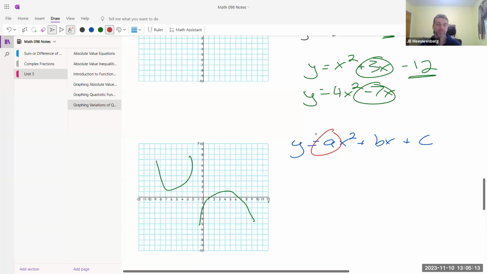It's the A. If this is positive, then it's going to be opening up. If it's negative, then it's going to be opening down, like a frown. Okay? So that sort of explores some of our variations of quadratic equations, especially the ones that are not centered around the y-axis.